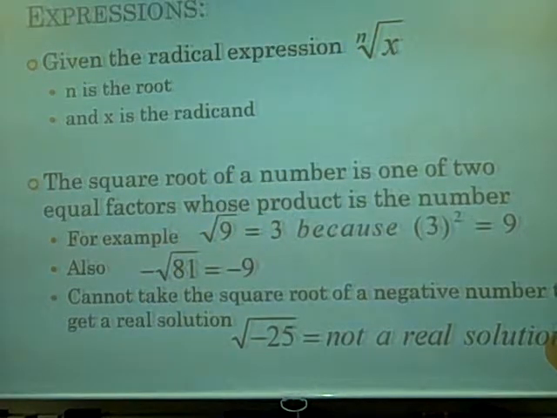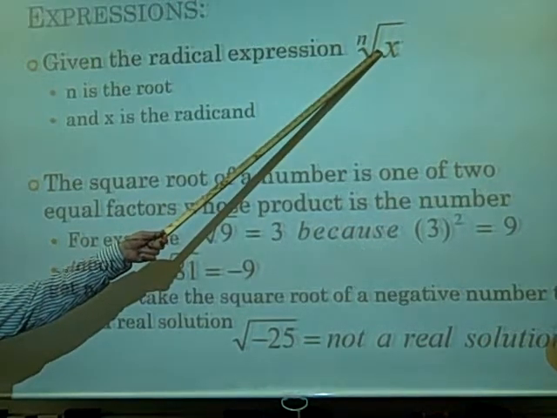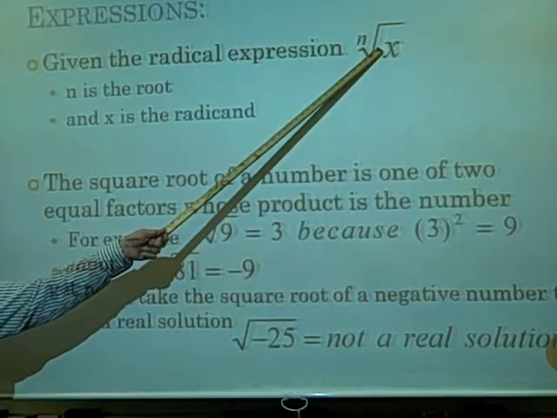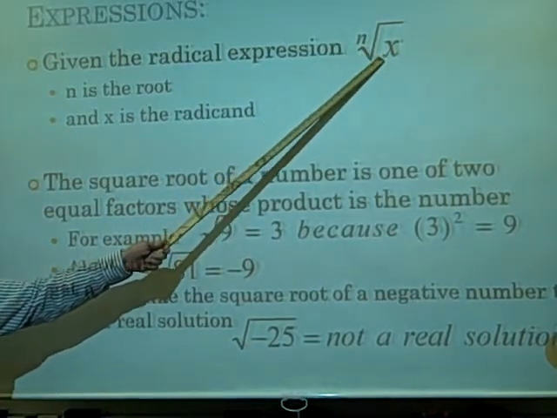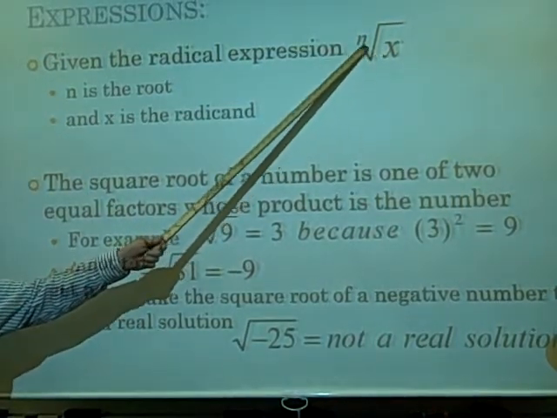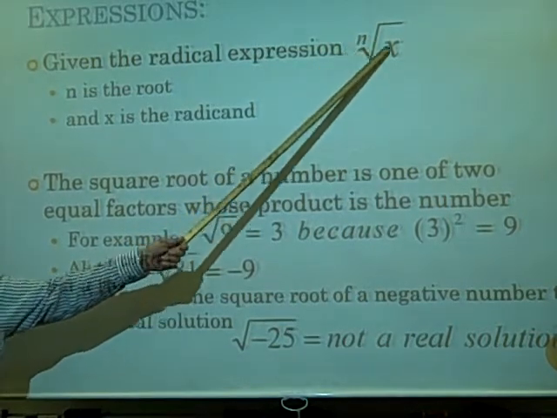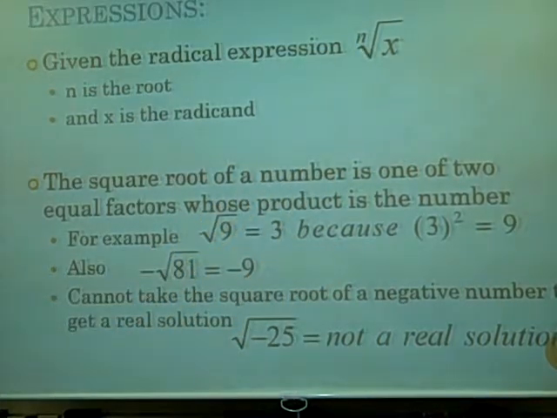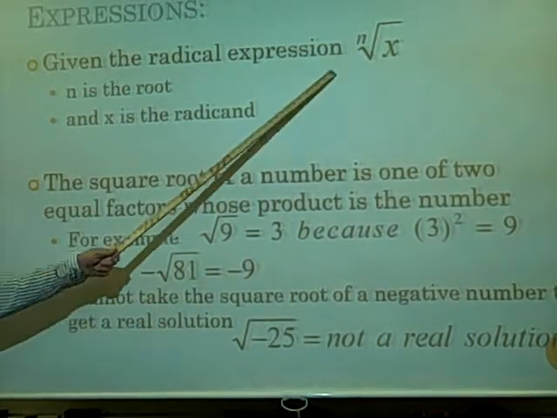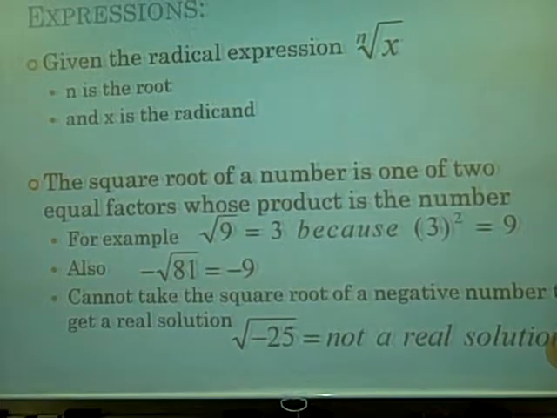If we had 9, the square root of 9 would be whatever, 9 is the same thing as 3 squared. So we normally just write it as a square root, and it's implied that it's a 2. But anything else, like 3 would be cube root, and so on, fourth root.